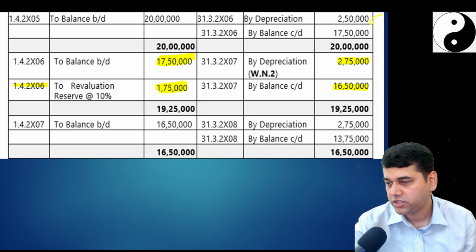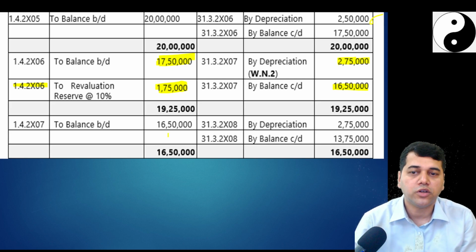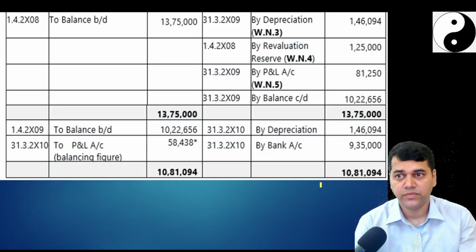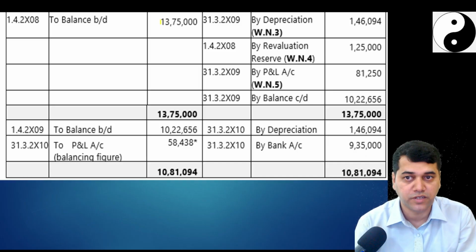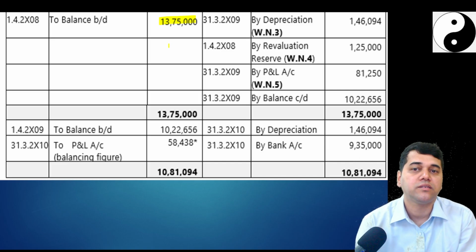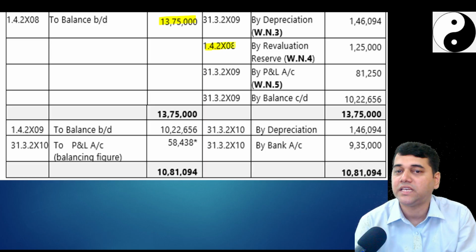Have they done it? No. So you got the opening balance again. Next year, did anything happen? No. Only one depreciation. You got a closing balance of 13,75,000. Now you come to the last 1st April 2075. Now downward revaluation happened when? 1st of April 2018.